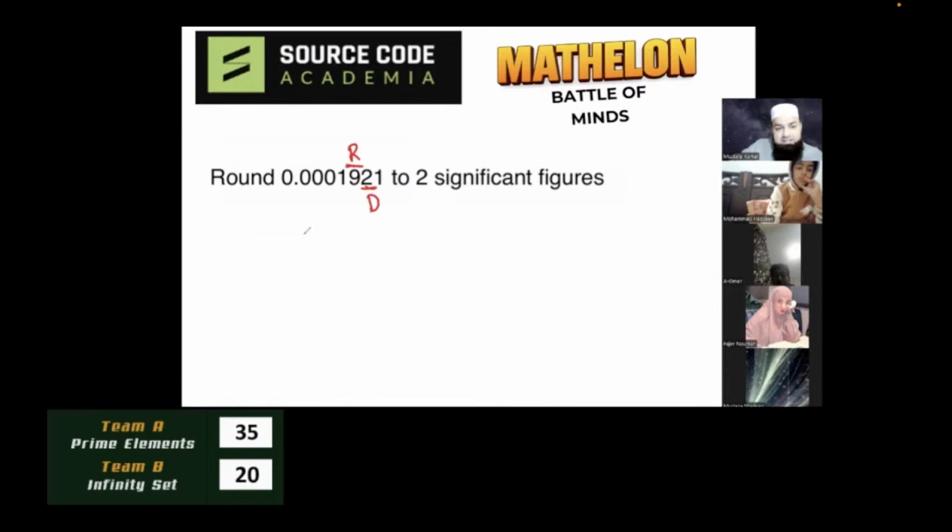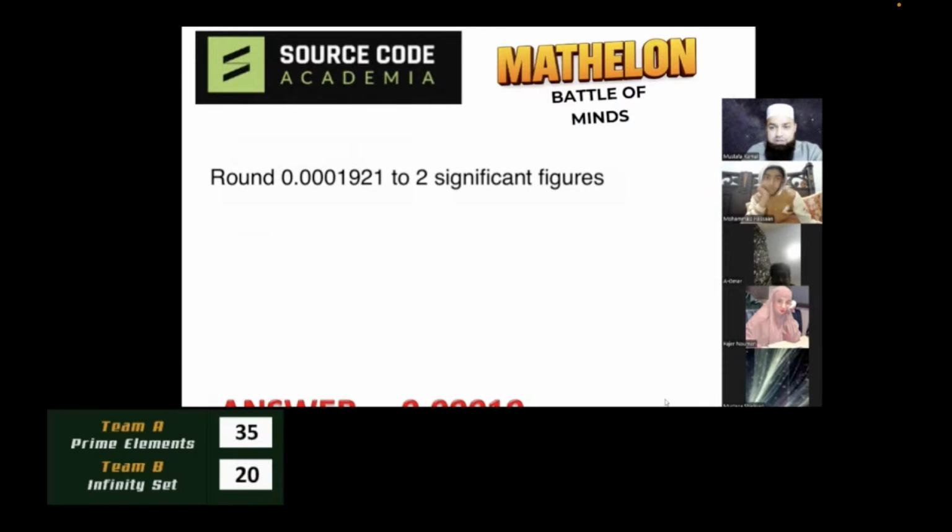So we can write it as 0.000, and we can only make changes in 9, and that depends on the decider, which is 2. 2 cannot round up this 9 to 10, so it will be 0.00019, and that is the correct answer. Understand, Hassan? Nice try. But unfortunately, we have to deduct 5 points from your team scores. So the answer to this question is 0.00019.